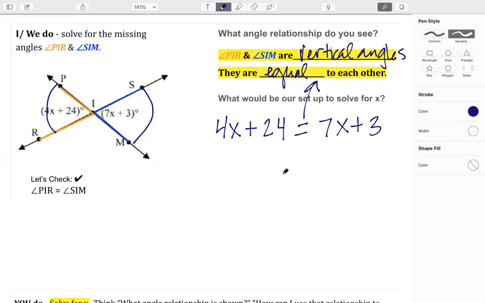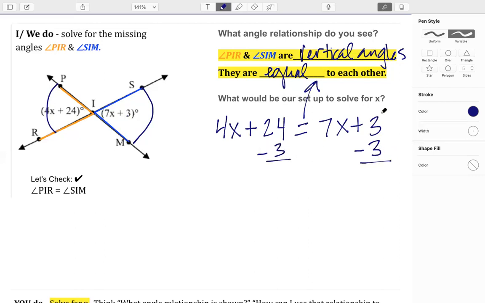Now let's simplify our equation. Let's try to get everything away from x, or at least combine like terms. So let's get all of our x's to one side and all of our numbers to the other. So let's first subtract 3 from both sides. That looks like the easiest bet.